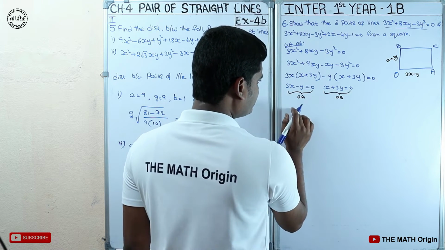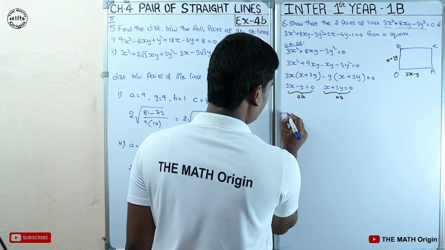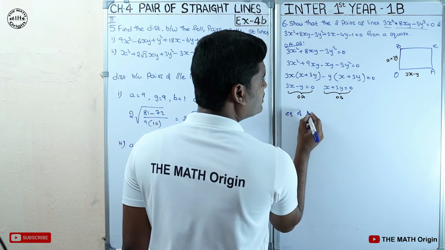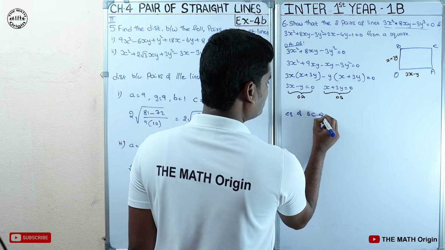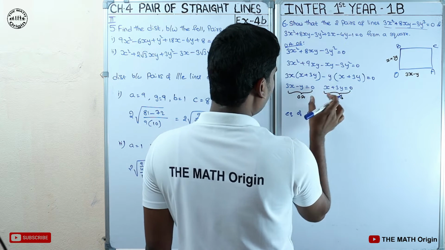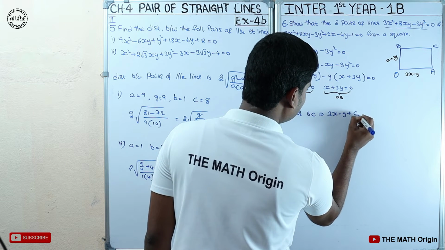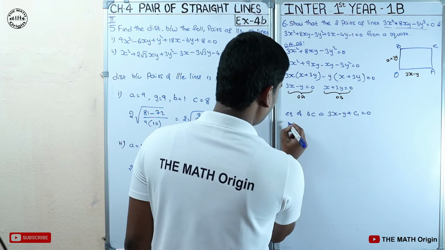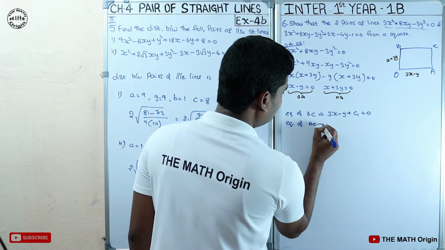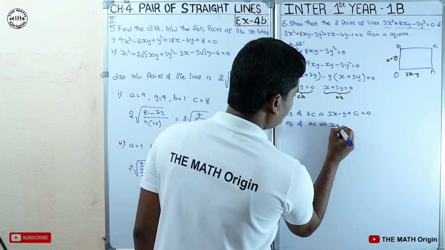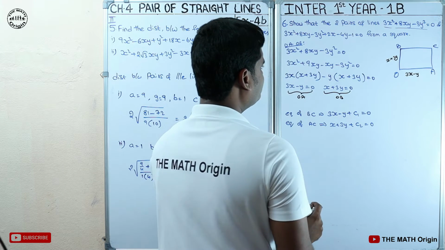So now let's take the equation of BC, which will be parallel to OA. So that is 3x minus y plus C1 is equals to 0. And the equation of AC is x plus 3y plus C2 is equals to 0.